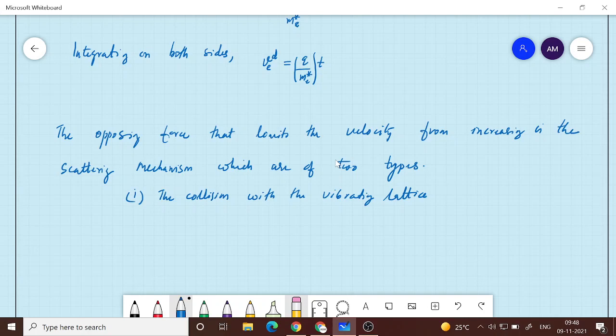At zero temperature they don't move, but that is only at zero temperature. But any object which we use for making devices is at a high temperature compared to zero, for example, at room temperature to start with, maybe 300 degree Kelvin. So all these atoms are not going to sit idle there. They are going to jiggle about their mean position. So this is what we call a vibrating lattice.